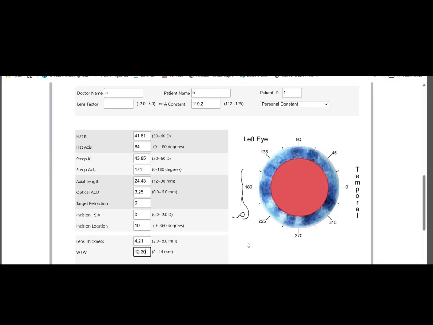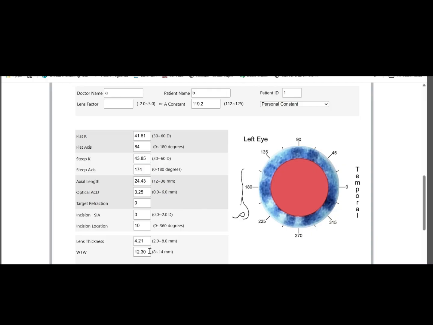Now, if you are wondering why we have to put white to white and lens thickness, it is because the Barrett, remember, not only helps to calculate the toric model, but also the spherical power of the IOL, and it uses the lens thickness and the white to white to understand how far the lens is going to sit from the cornea, or in this case the lens factor.